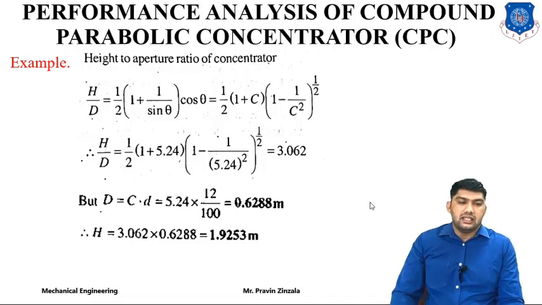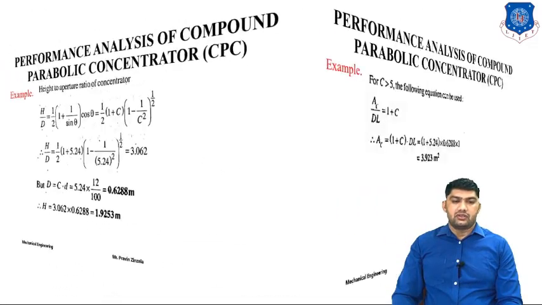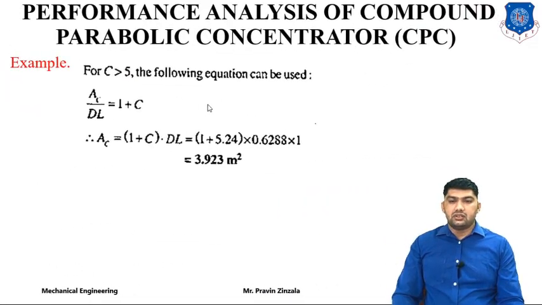So this was about the CPC collector or thermal analysis of compound parabolic concentrator, and one example from concentration. So you have to also remember the different equations for the CPC collector from thermodynamics, heat transfer and fluid mechanics. Second, if C is greater than pi, the following equation can be used.